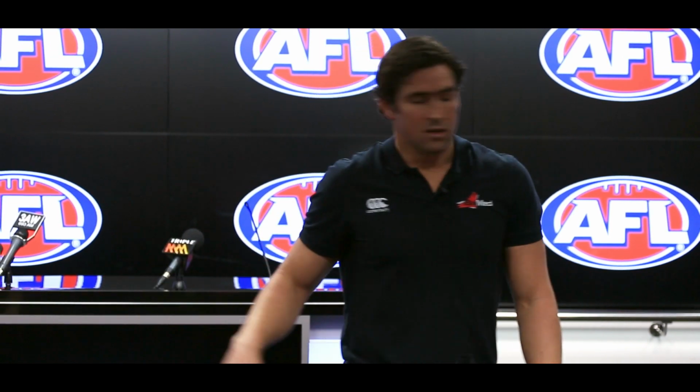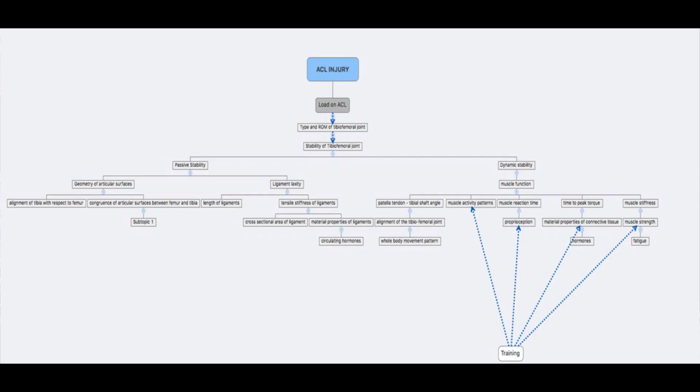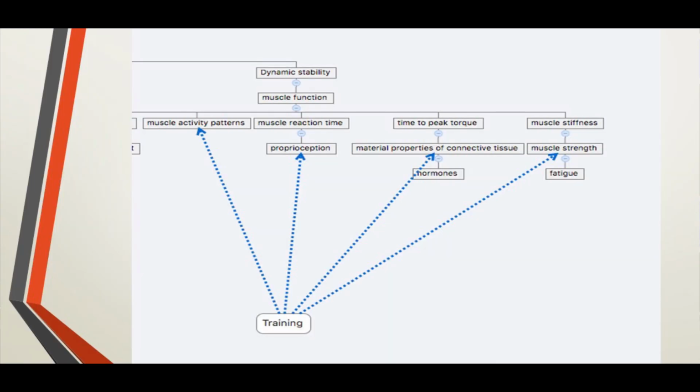The modifiable factors are what we can do with their training, so just go to the next one, mate, which is where we're going to spend most of our time. Working on those factors, our training can influence those areas, and particularly the dynamic stability of the knee.